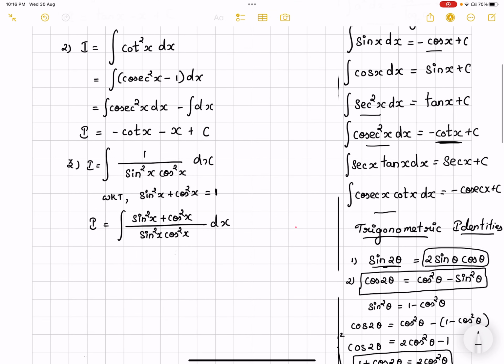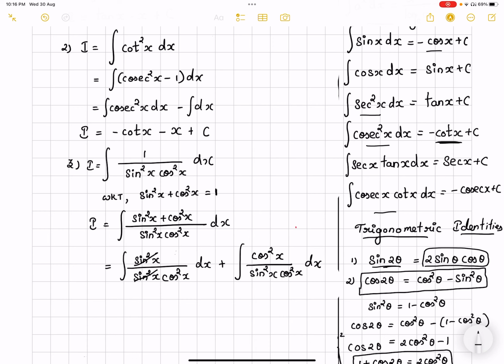Now what would happen is integral sine square x divided by sine square x cos square x dx plus, because we have two terms in the numerator and the denominator has sine square and cos square, that's the reason I'm splitting and writing it so that the cancellation would happen and after that I can integrate it peacefully.